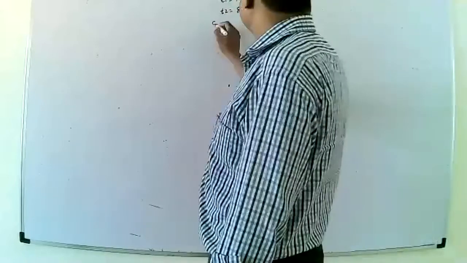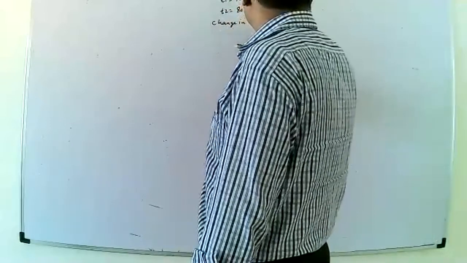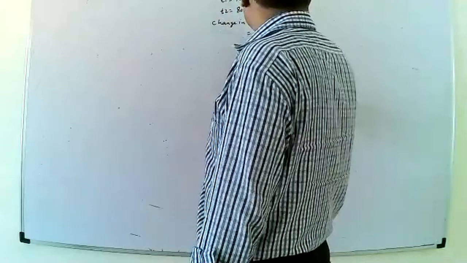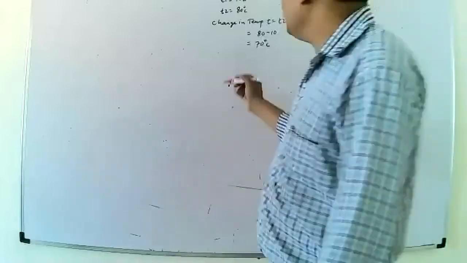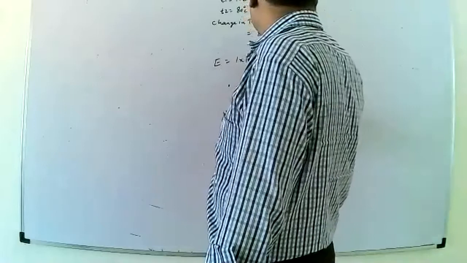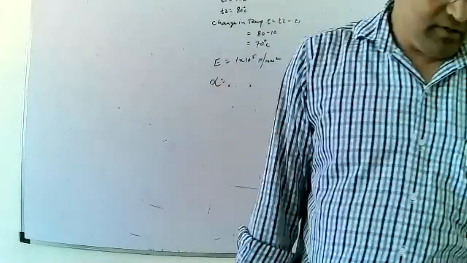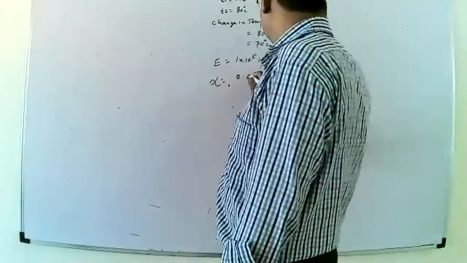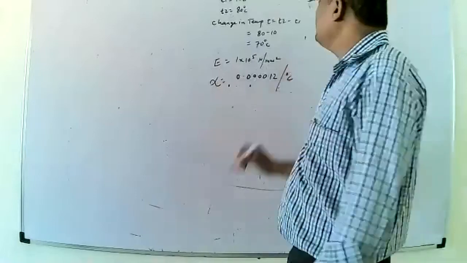Then change in temperature, T equal to T2 minus T1, 80 minus 10, that is 70 degrees Celsius. Then Young's modulus of elasticity is given as 1 into 10 raised to 5 Newton per mm square. Then alpha is given as 0.000012 per degree Celsius.